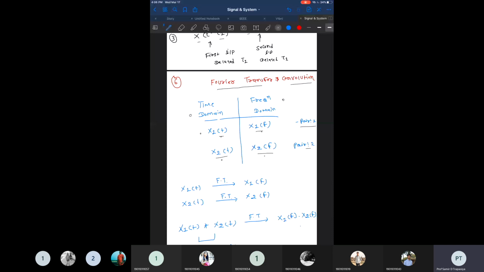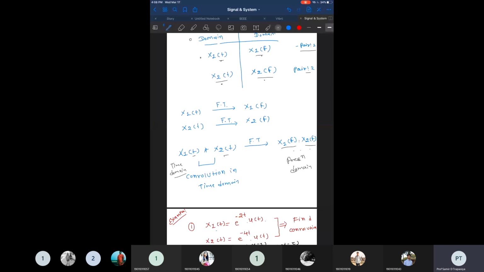Then we discussed the distributive property and the associative property, and then finally we came to the time delay property, where we have seen that if any signal is delayed by some amount of time, then the output is also equally delayed. Both signals of the convolution are delayed by some amount, and the output is delayed by the addition of the first signal's delay and the second signal's delay.